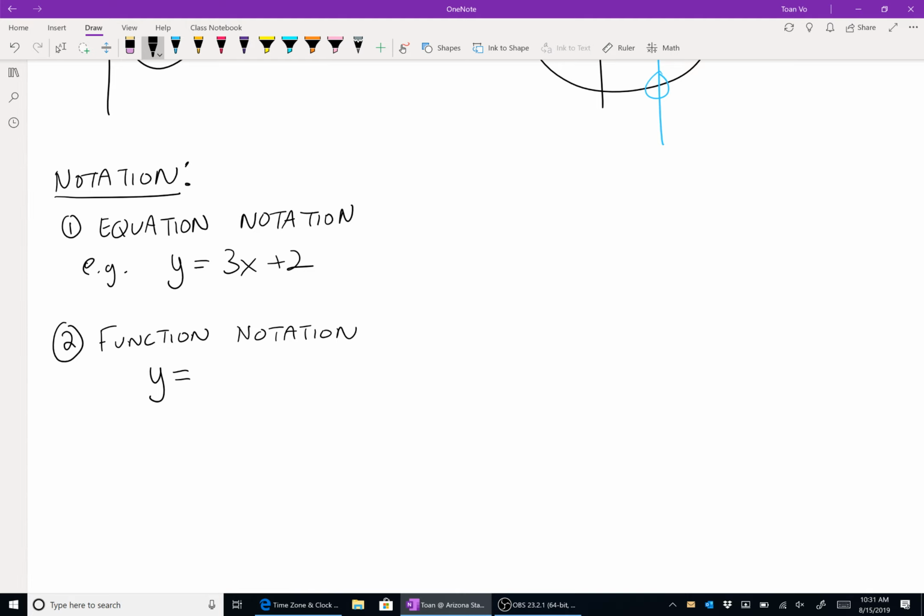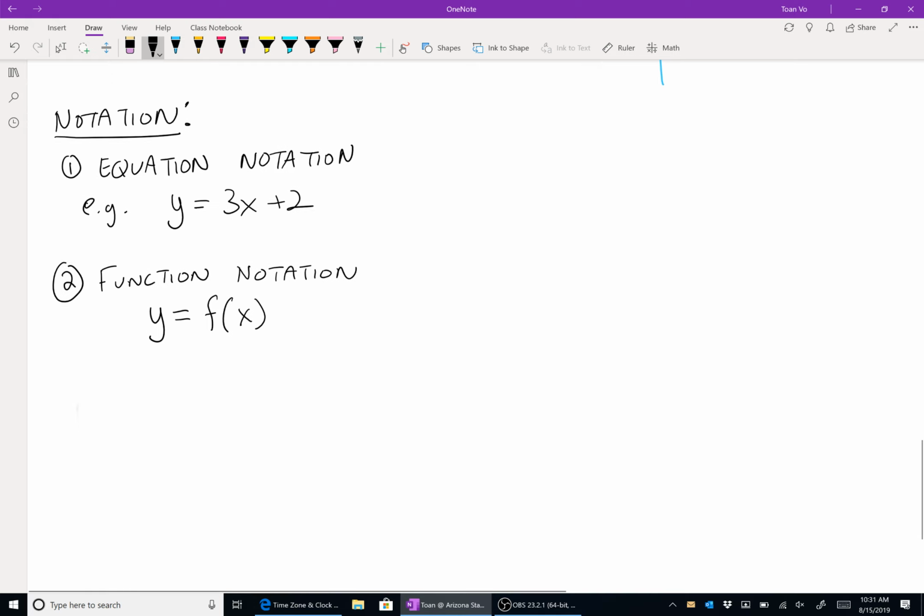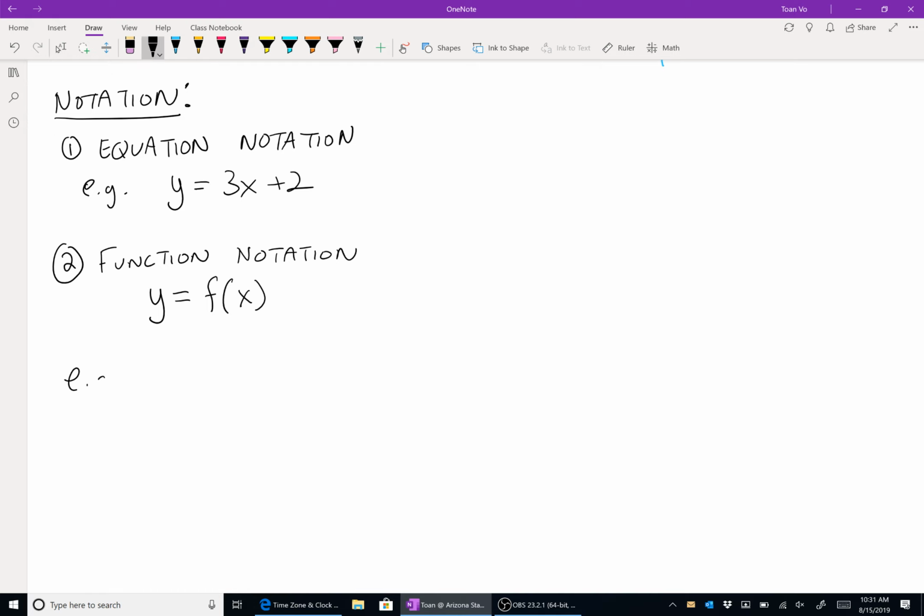Names of functions are usually letters, say f for function, and at the same time it declares what the input value is. So our example, y equals 3x plus 2, in function notation simply becomes f of x equals 3x plus 2. That's all function notation really is.